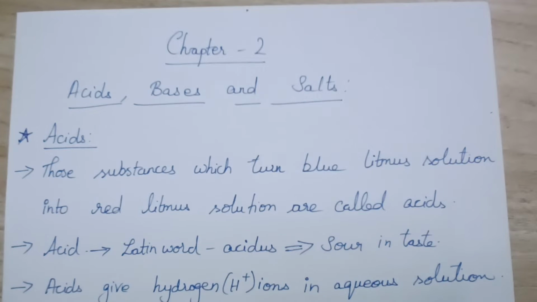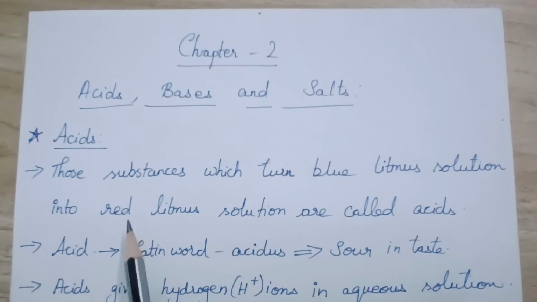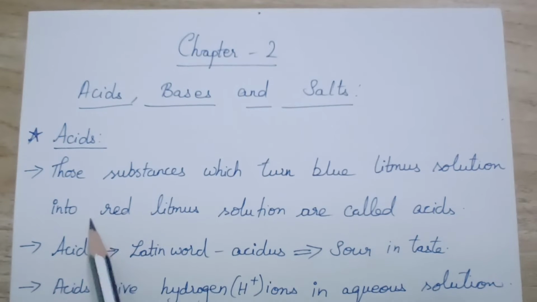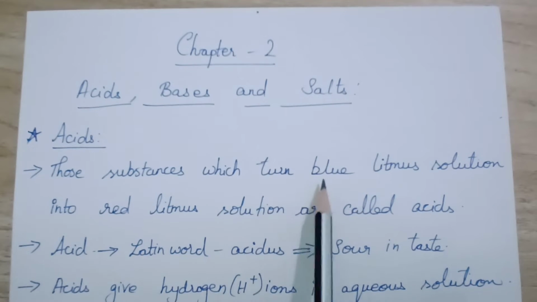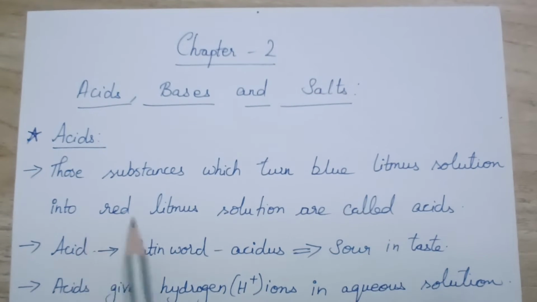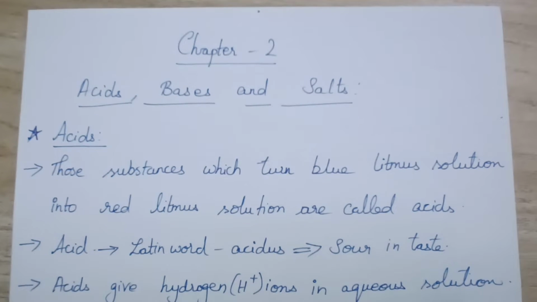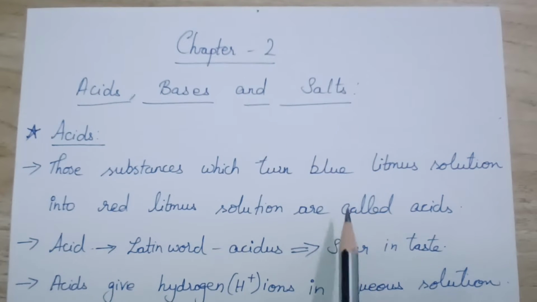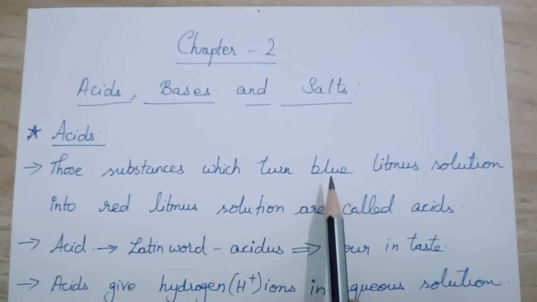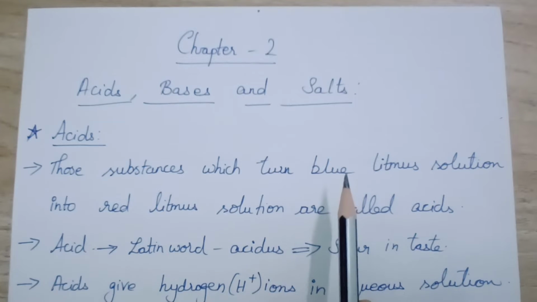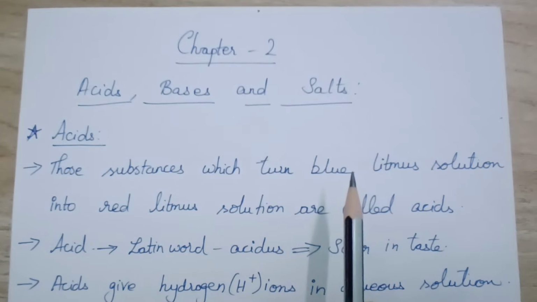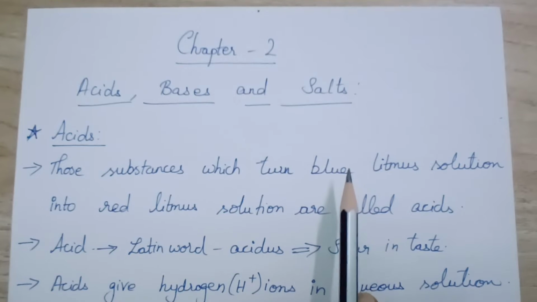So the main thing about acid: what is acid? Those substances which turn blue litmus solution into red litmus solution are called acids. How will you find the presence of acid? If you use blue litmus solution, which is nothing but one of the indicators, it gives the presence of acid.